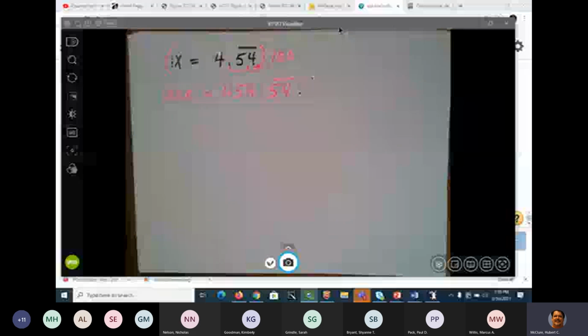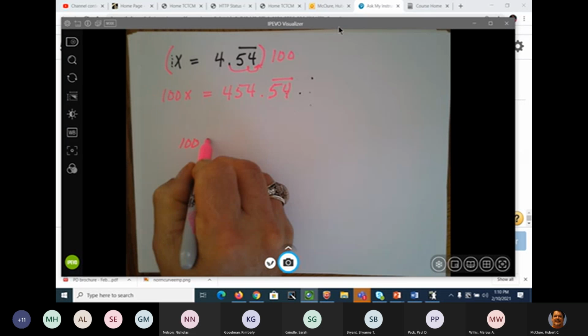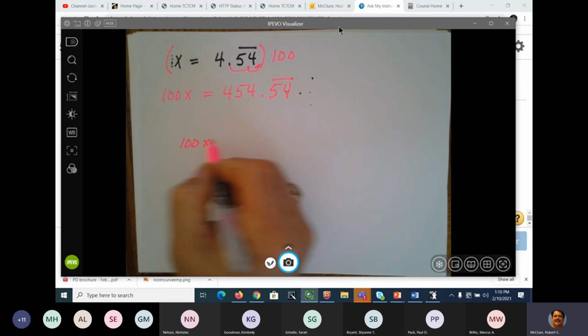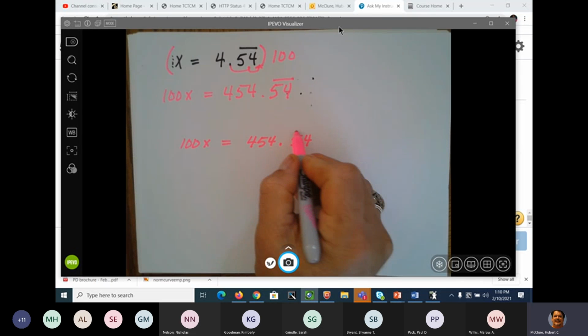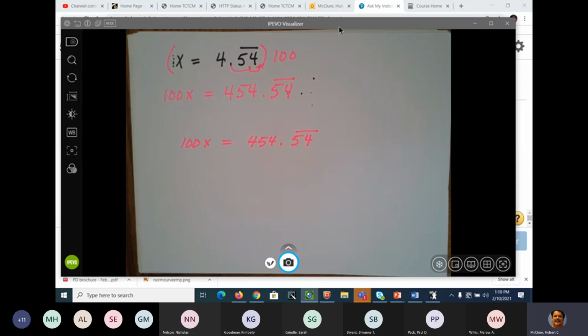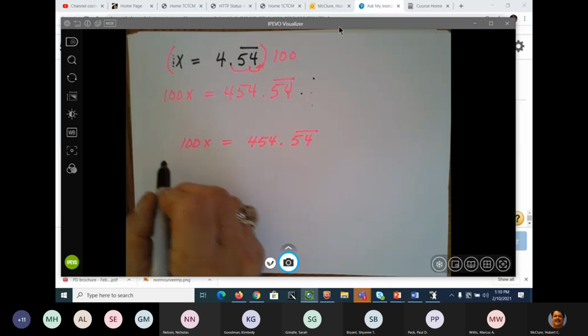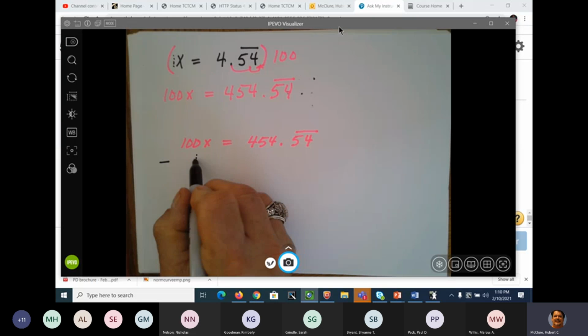So now we've got 100x is equal to 454.54 repeating minus 1x, 4.54 repeating. And what happens? What's 100 minus 1? 99.